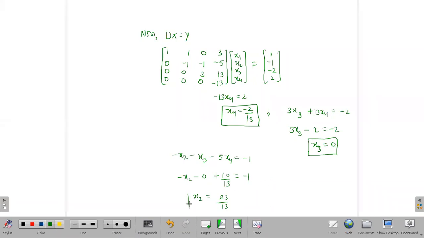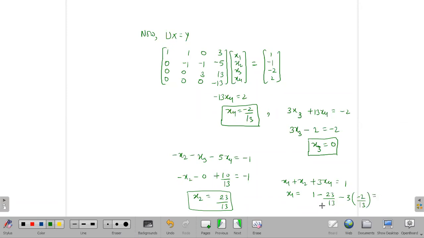So similarly, x1 will be from the first equation. X1 plus x2 plus 3x4 will be 1. So x1 is 1 minus 23 by 13 minus 3 into -2 by 13.